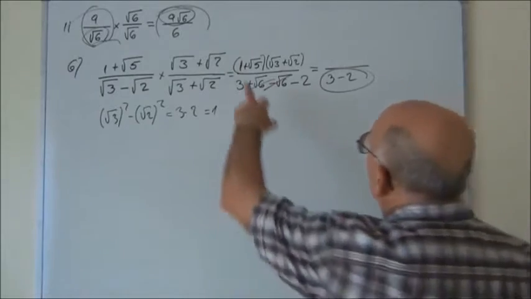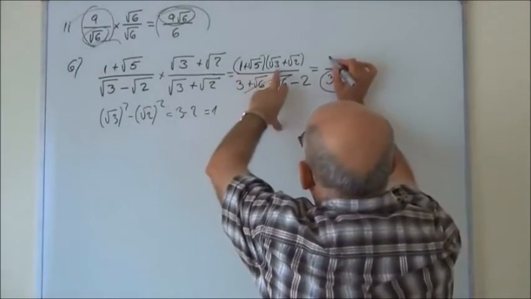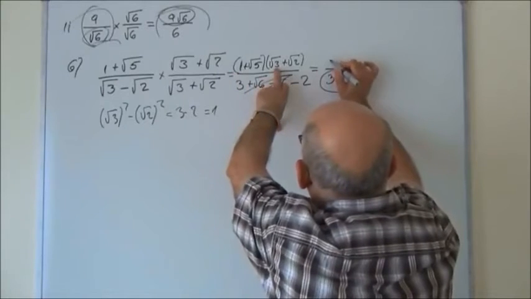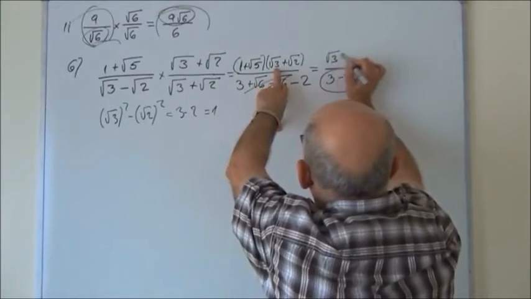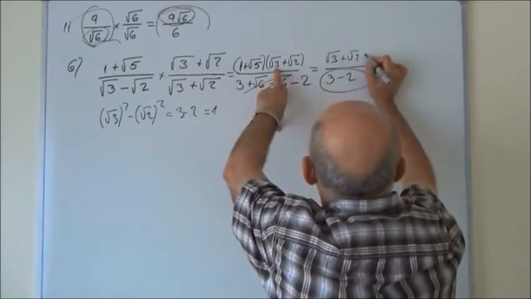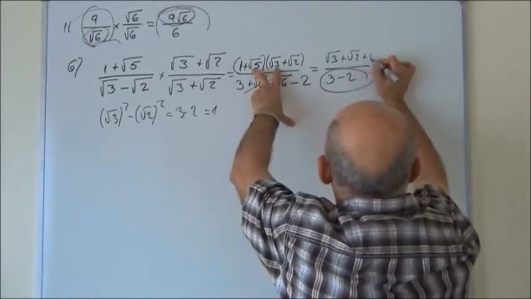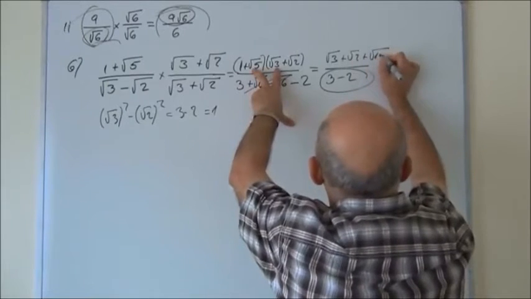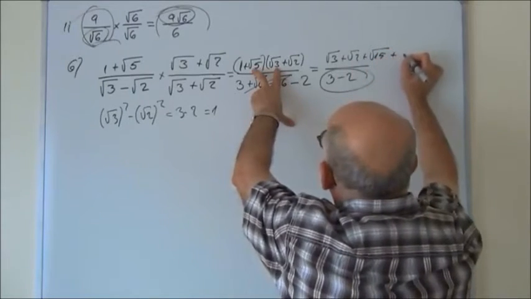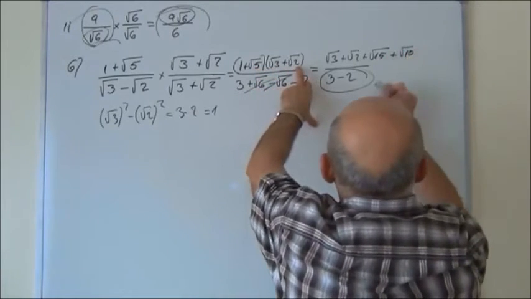I mean, we can expand this to the top, but we can't get much from that because there is nothing to simplify. Anyway, that will be square root 3 plus square root 2 plus square root 5 multiply root 3, square root 15, and plus 5 multiply 2, square root 10.